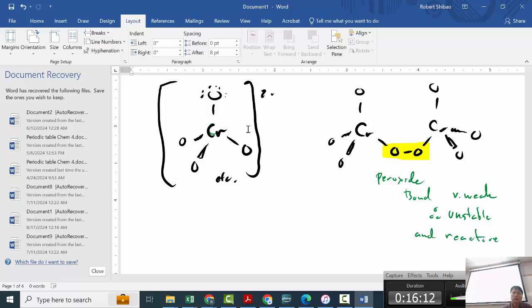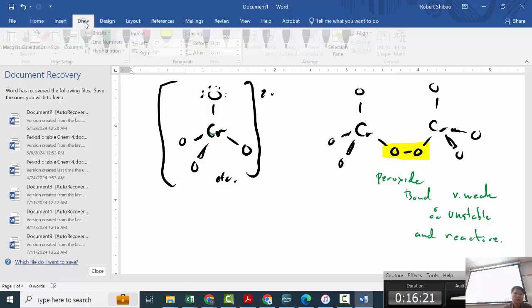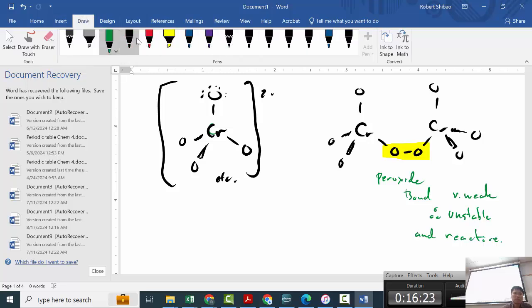So what we do is we try to avoid peroxide bonds. And so that's why in dichromate, one of the oxygens is missing. So in dichromate, we have a link like this, which is fine. A chromium-oxygen-chromium link is not a problem.